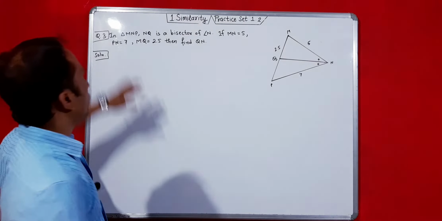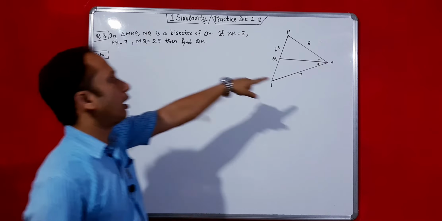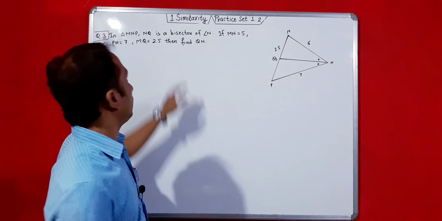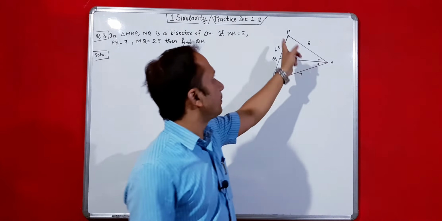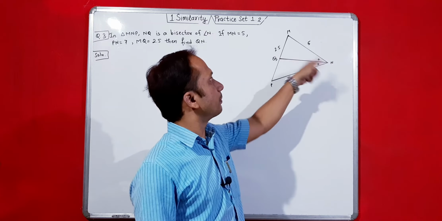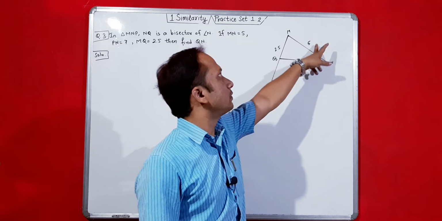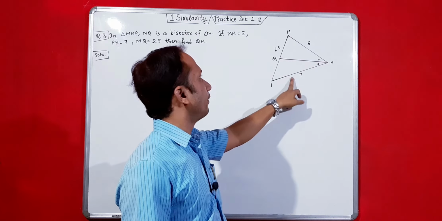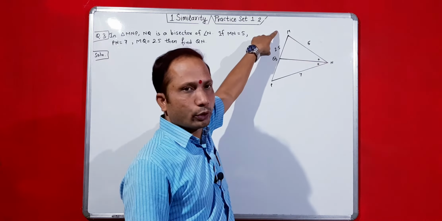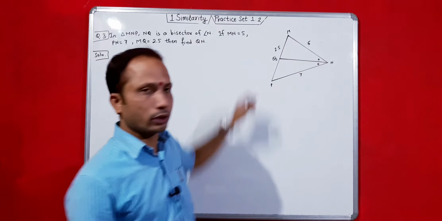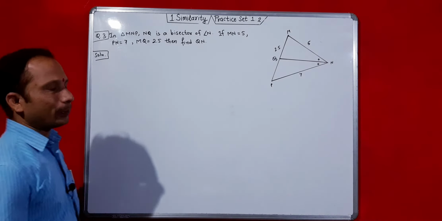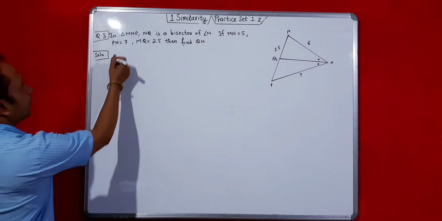In the next question you can see that in triangle MNP, NQ is a bisector of angle N. MN is 5, NP is 7, and MQ is 2.5. We have to find QP. Already by the property of angle bisector we can write this, but first we will write the given.